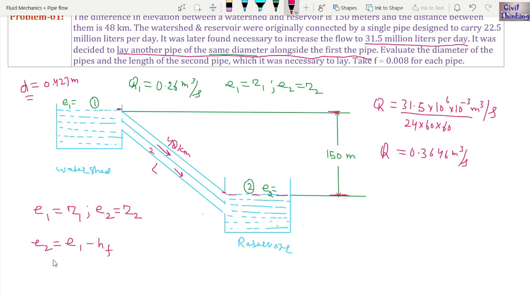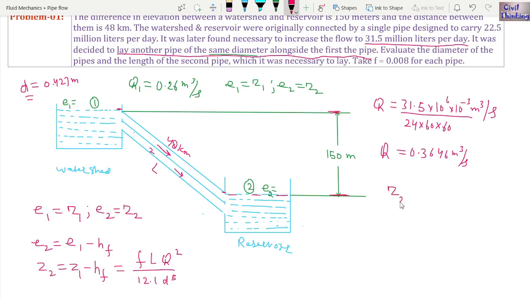So Z2 is equal to Z1 minus head loss due to friction. Now we have to find the length. Head loss due to friction is FLQ square divided by 12.1 D5, right?